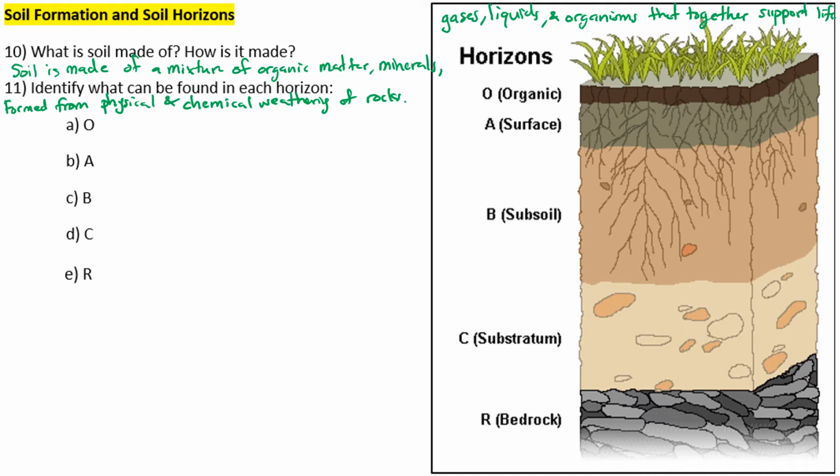Identify what can be found in each horizon. So for the O horizon, it is the organic matter in various stages of decomposition.